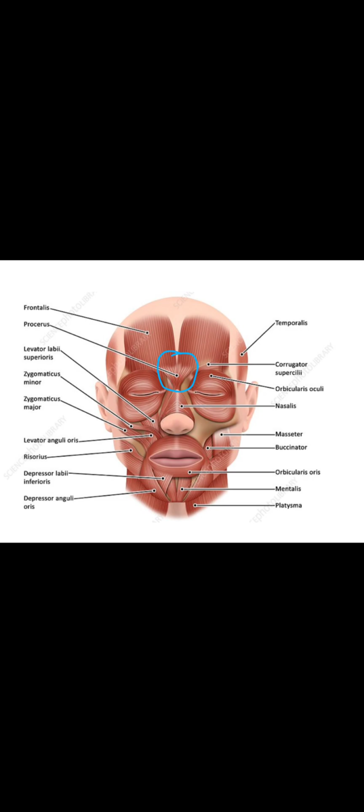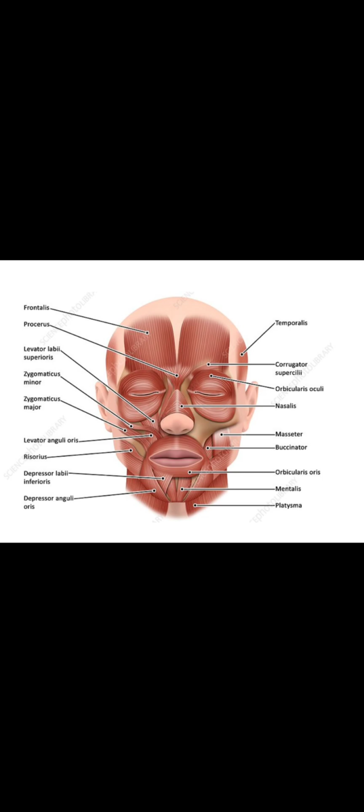This is the Procerus muscle. Next, as you can see, the muscle just around your eyes is Orbicularis oculi, and the muscle above here is Corrugator supercilii. Procerus was responsible for transverse wrinkles, while Corrugator supercilii was responsible for vertical lines in the forehead, as in the case of frowning.